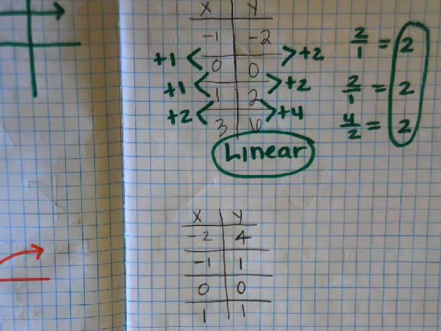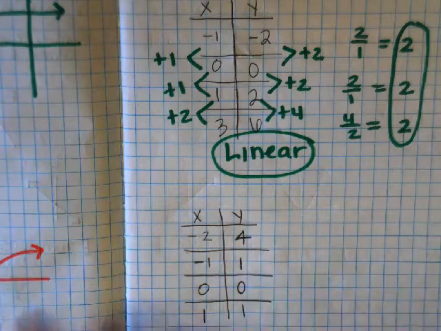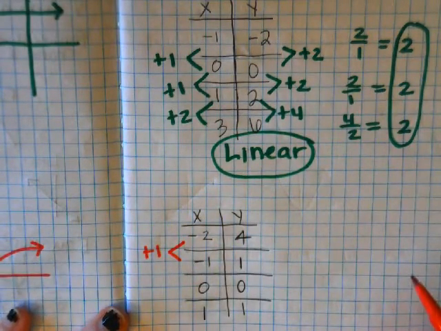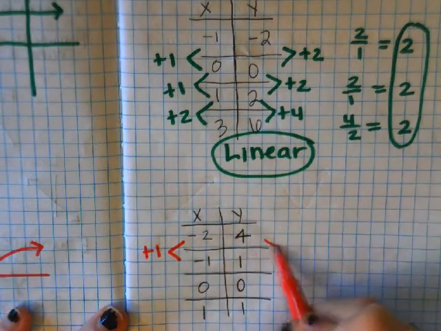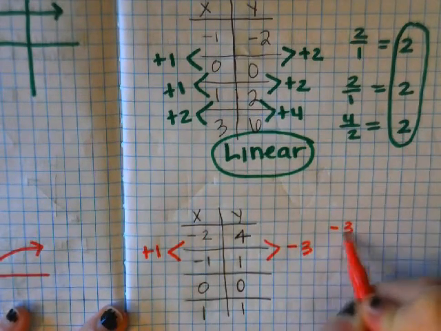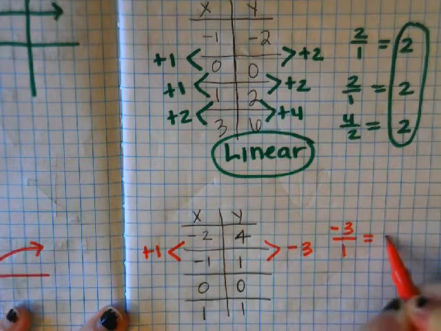Okay, so we do the exact same thing. We check our slope. From -2 to -1, I added 1. From 4 to 1, I subtracted 3. So -3 over 1 is -3.